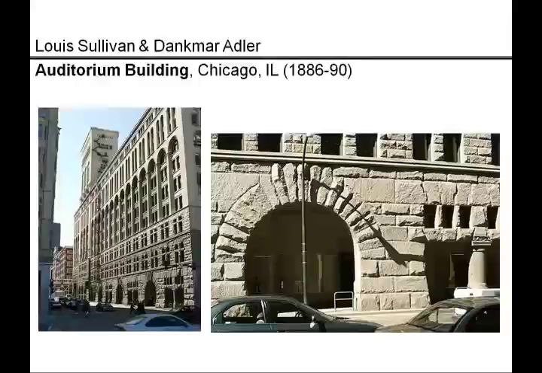Once Sullivan and Adler saw the quality of his drafting, he was immediately hired to provide finished drawings for the auditorium building project. And Wright says, quote, "I became a good pencil in the master's hand, and at a time when he sorely needed one," unquote.